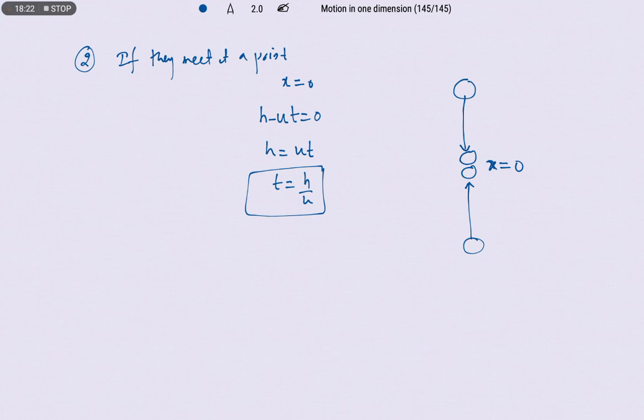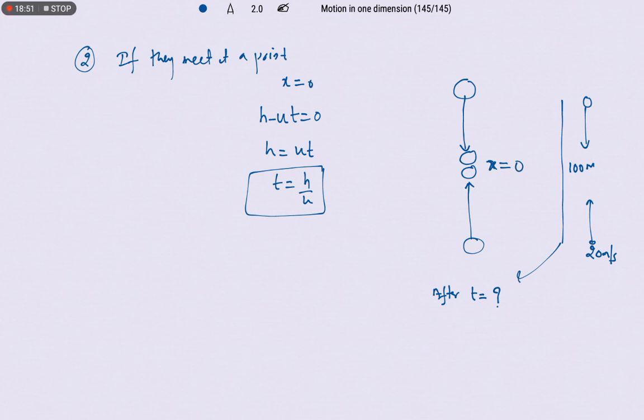An object is under free fall from a tower height of 100 meter. At the same instant of time, another object is thrown with an initial velocity of 20 meter per second. They are going to frame the question like this: after how much time are they going to meet in air?